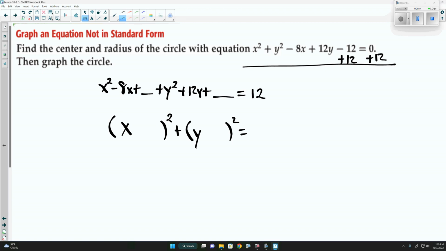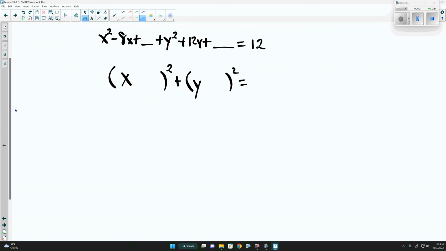Now, whenever we have these sets of parentheses squared, because in the general form, scroll down just a little bit, this was our x minus h squared plus y minus k squared is equal to r squared. Yes? We have a set of parentheses squared. We called it a perfect square trinomial.